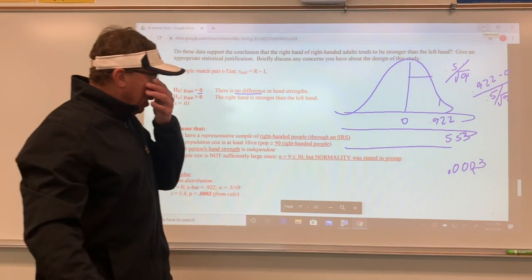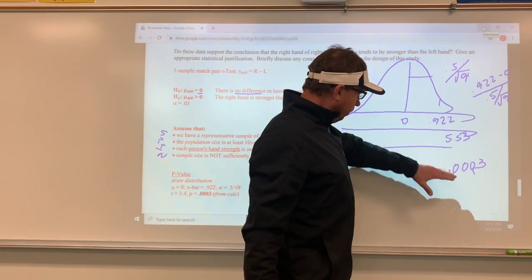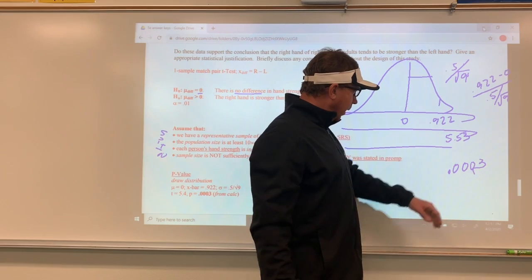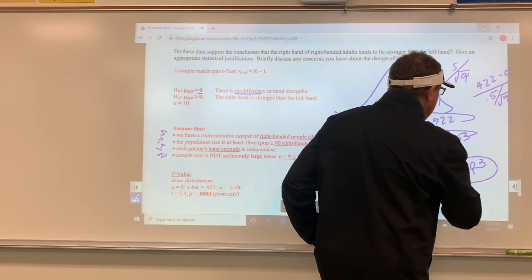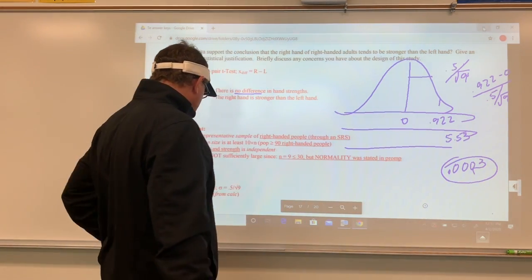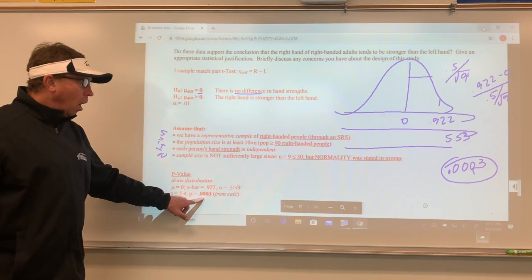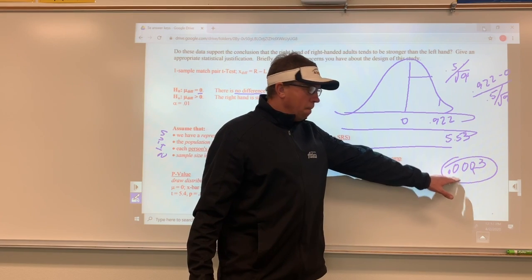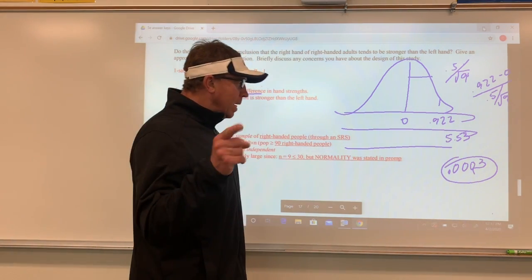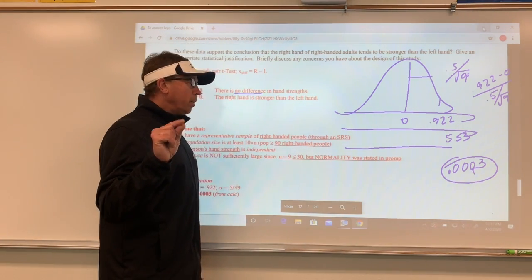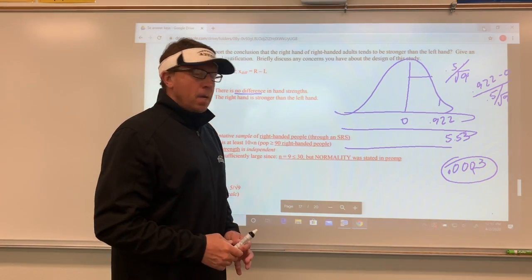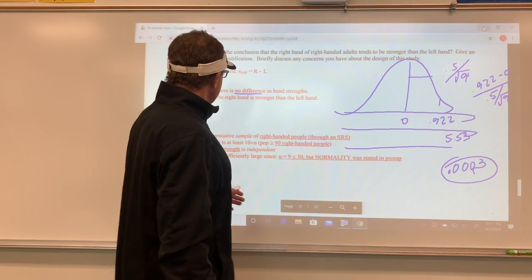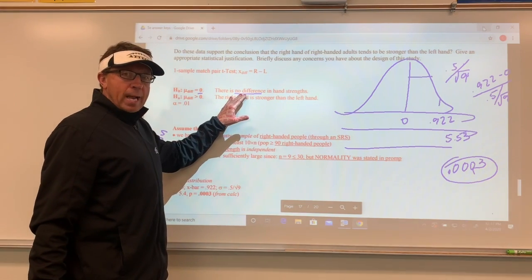Okay, so there is all of my calculations, okay? And then you get that particular p-value, okay? That's a very small p-value, okay? That's from the calculator. All right, now we know that that is almost 0. And you should know the meaning of a p-value. The p-value assumes H0 is true.